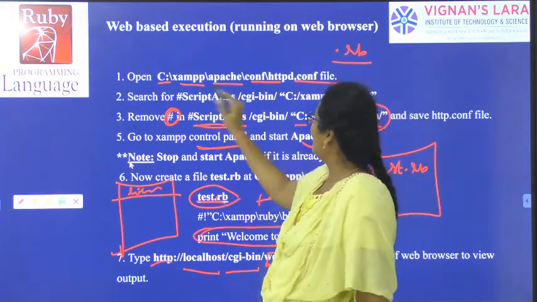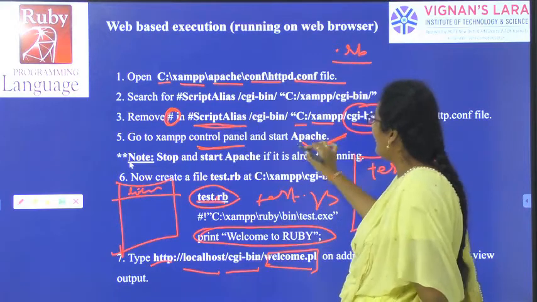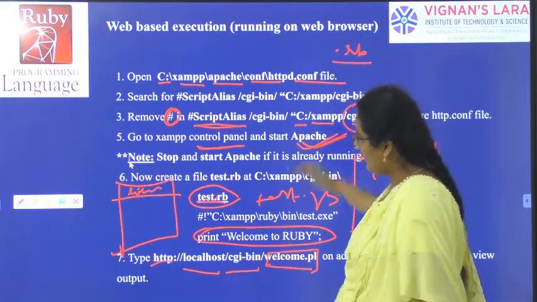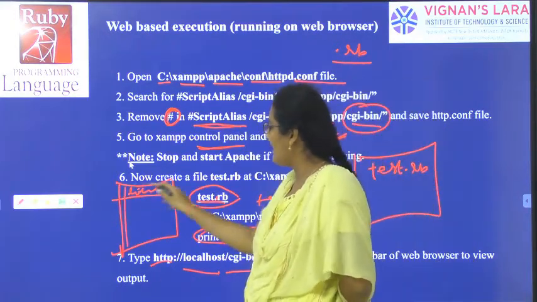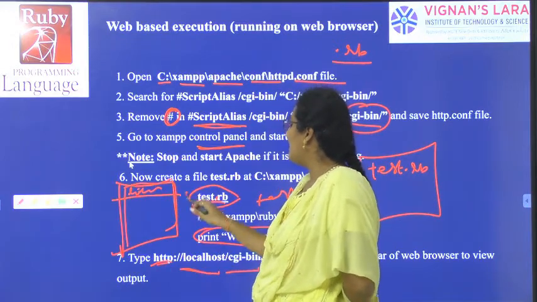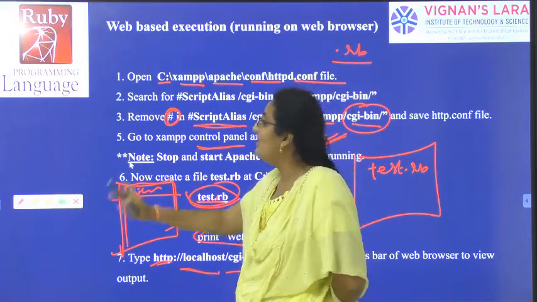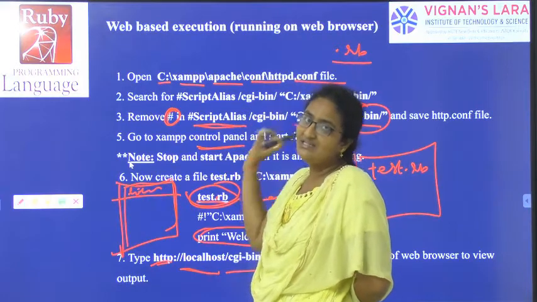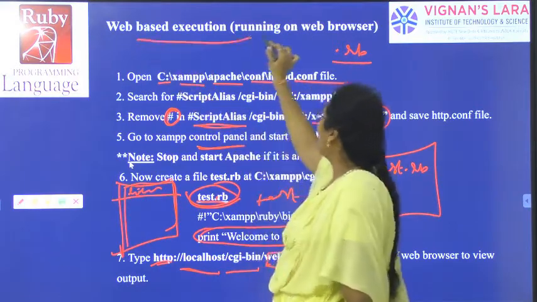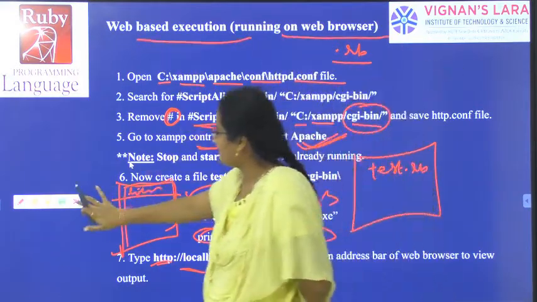Then save the config files and start Apache and Tomcat. After doing all these things, you can open the web browser and type http localhost test.rb file name. This is how we execute a Ruby program on web-based execution in the web browser.